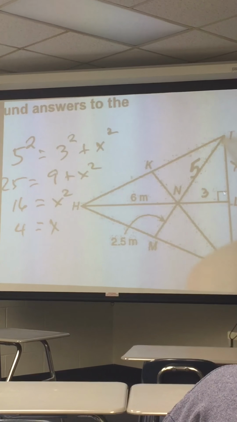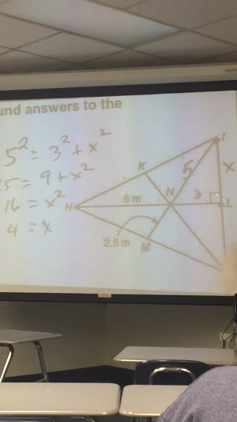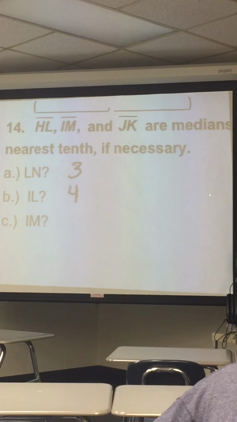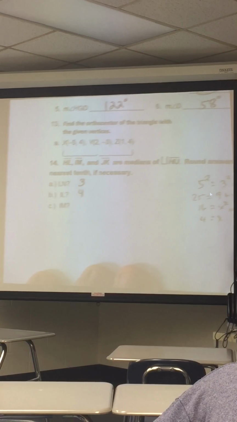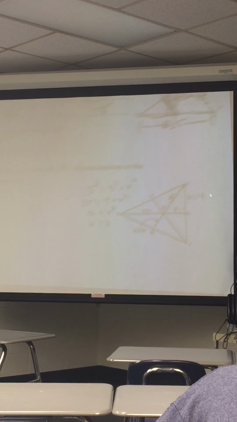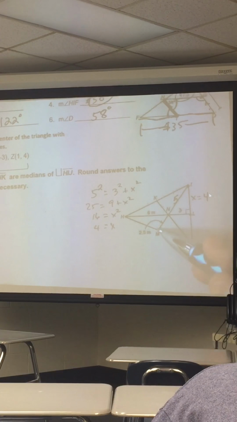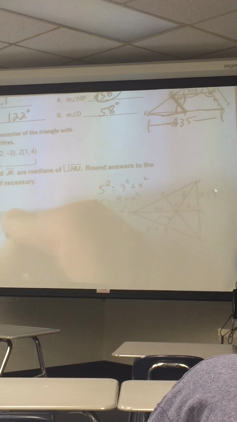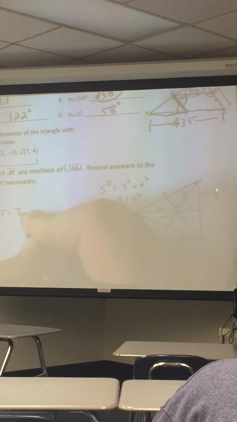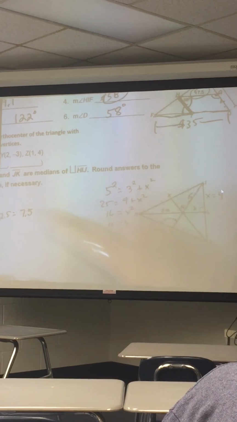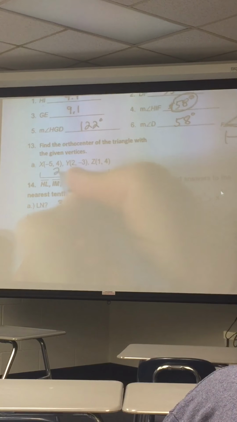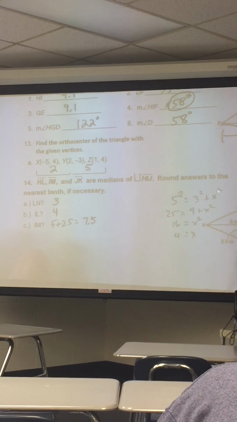So IL is equal to 4. And then IM would be 5 plus 2.5. So we get 7.5. Okay, questions?